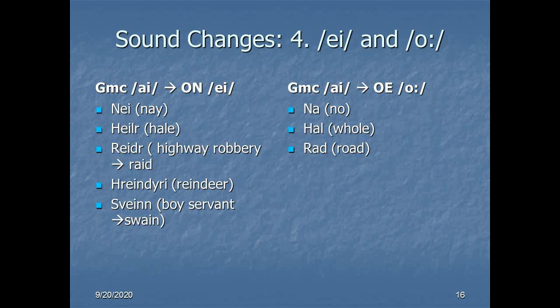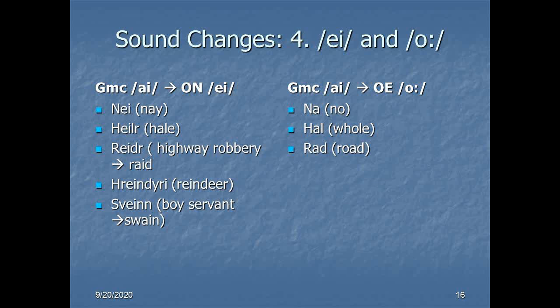Similarly, the words heil and hal also have a similar root, and they become, of course, hail and whole, respectively. Hail meaning healthy, and whole meaning entire. Similarly, we have the word in Old Norse, reid, and in Old English, rad, both of which have a common root, and the root, by the way, means road.